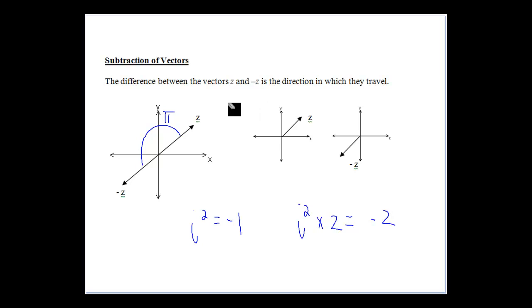So let's look at how we subtract two vectors. Firstly, before we do that, remember we talked before about z and minus z, and the direction was opposite.